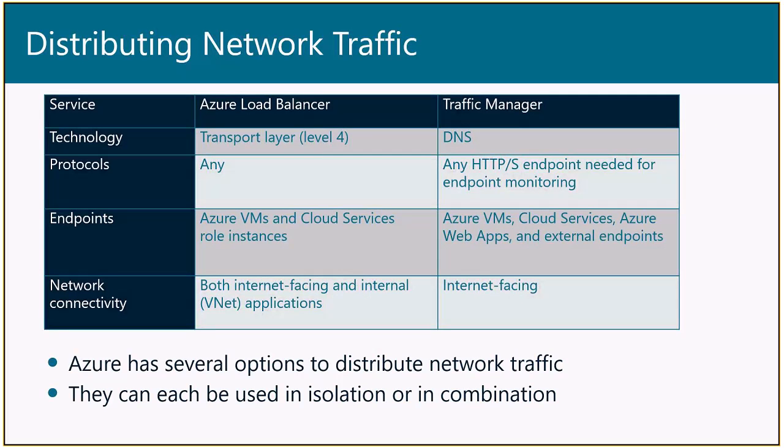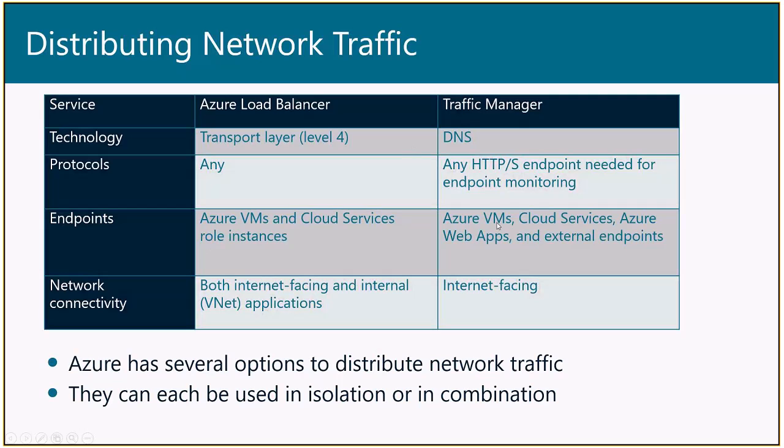And for Network Traffic Manager, we did it like Azure Load Balancer. Azure has several options to distribute network traffic, using isolation or a combination of technologies. We are using Transport Layer 4 if you're doing Azure Load Balancer. Traffic Manager is using DNS. For protocols, in Azure Load Balancer you can use any. Traffic Manager goes through the internet, so you have to use the HTTP or HTTPS protocol only.